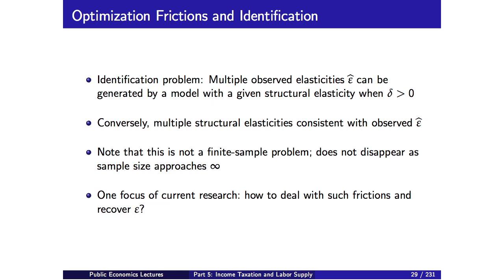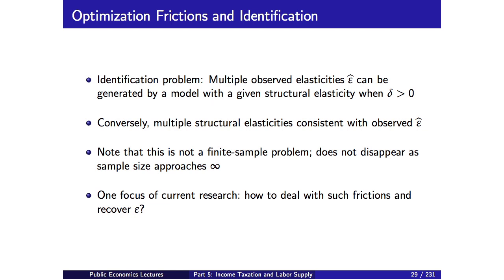So just to restate, the identification problem, the way I see it, is that you have multiple observed elasticities, which I'm going to call epsilon hat, that can be generated by a model with a given structural elasticity, which I call epsilon, when you have delta greater than 0, when you have these frictions. And so conversely, there are multiple structural elasticities consistent with a given observed elasticity of epsilon hat.